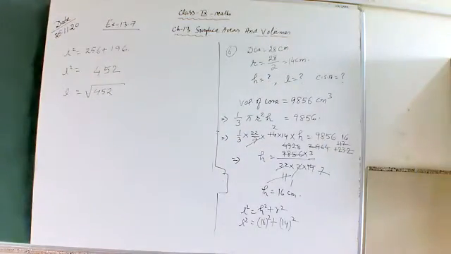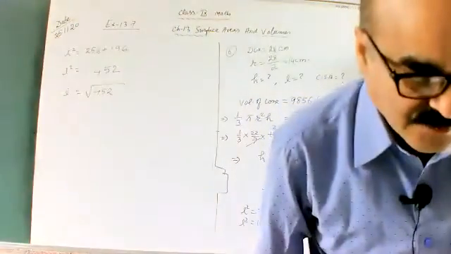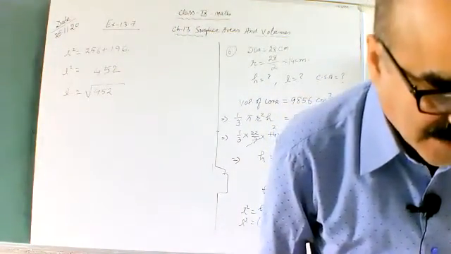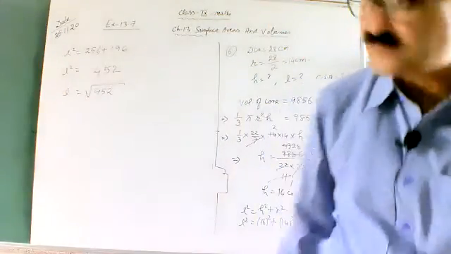So I think we have made some mistake here. The volume is 9856 centimeter cube and diameter is 28.